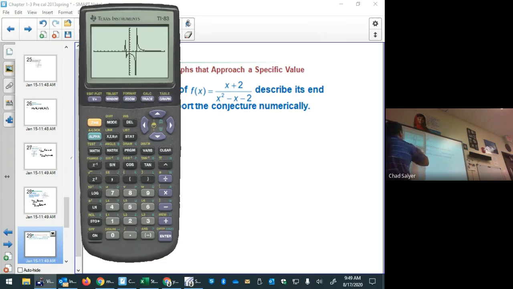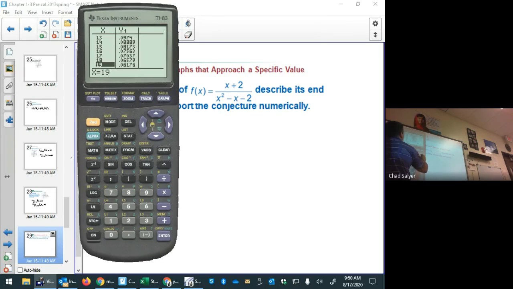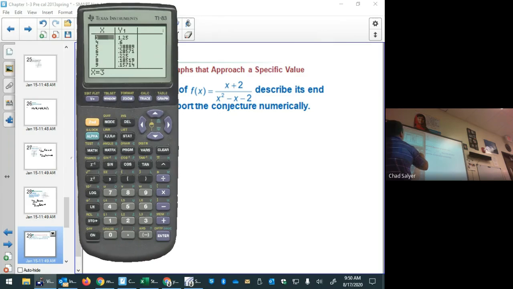And if I punch in some really big values here, if I go to my table and scroll down, down, down, you see how those numbers are getting smaller and smaller and smaller. And if I did that in the other direction, you would see the same thing.